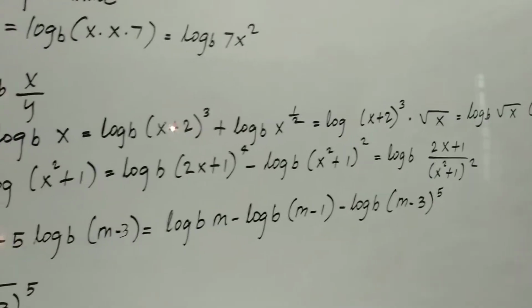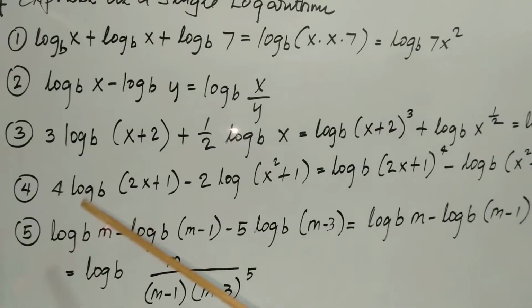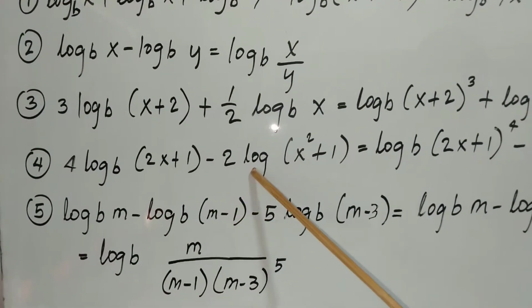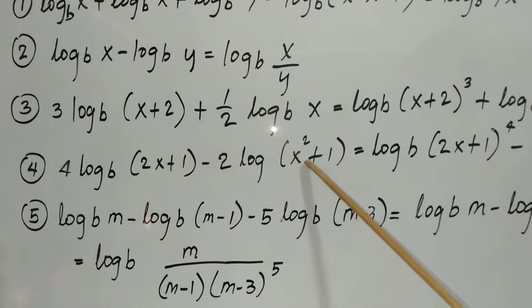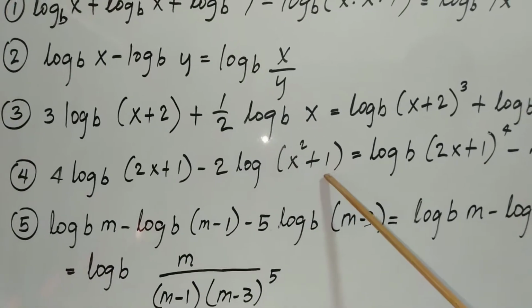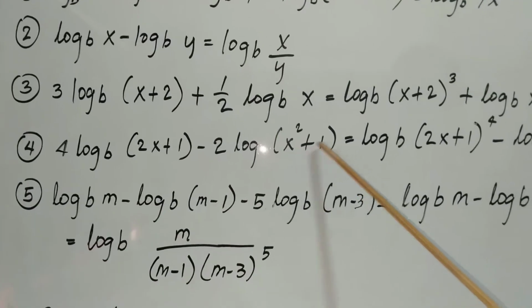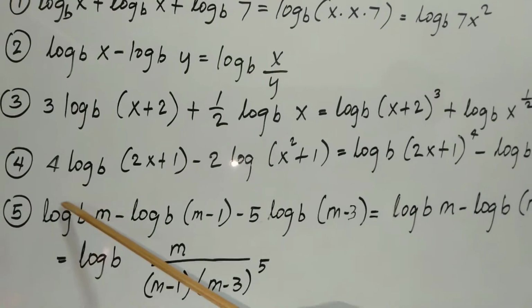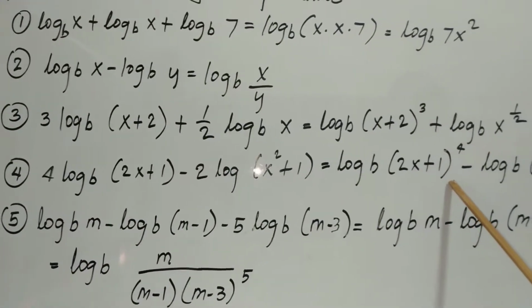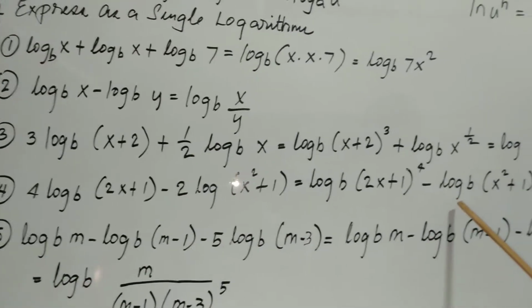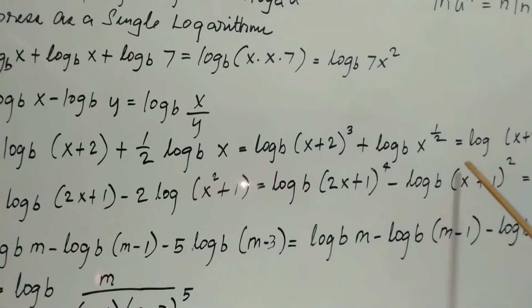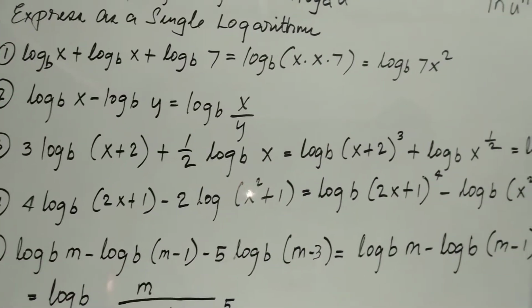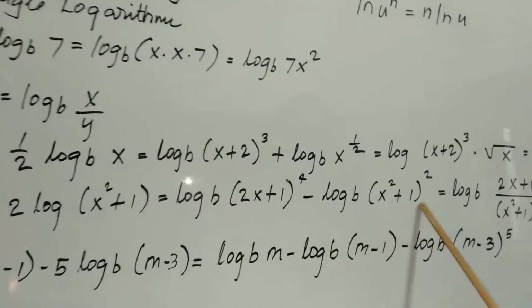For number 4, you're given 4 times logarithm base b of 2x plus 1 minus 2 times the logarithm of the quantity x squared plus 1. This is equal to logarithm base b of 2x plus 1, so this one becomes the power of 4, minus, we just copy again, logarithm base b of x squared plus 1, and this 2 becomes the power of this parenthesis.